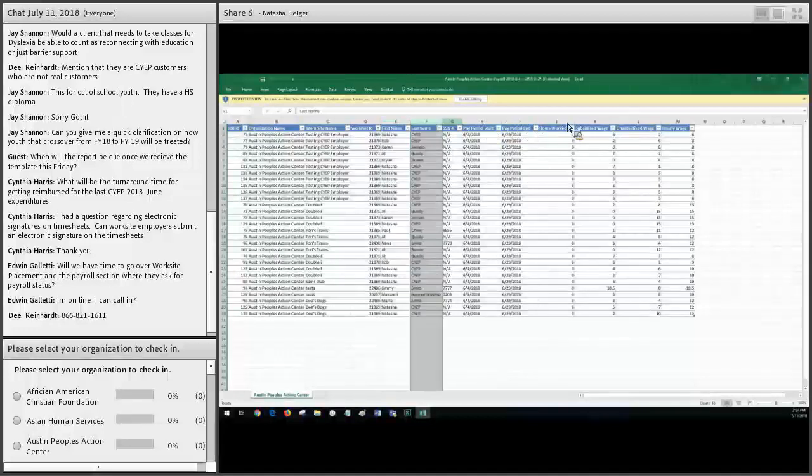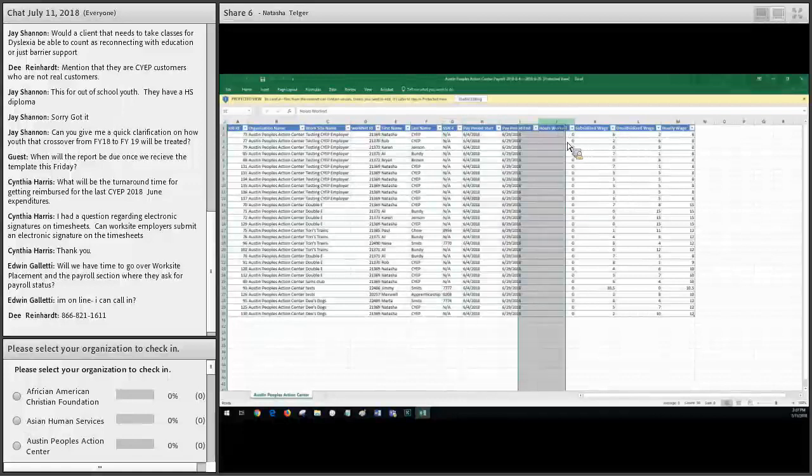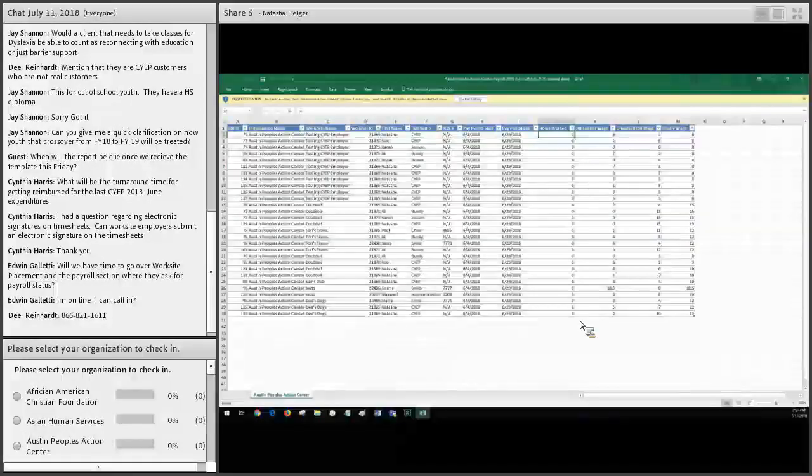You don't have to worry about the WorkNet ID, but you'll have the first name of the person that was added, last name, last four of the SSN if it's there, and the pay period. You can enter in the hours that they worked. It's going to automatically take from the system what the subsidized wage is, so you can see what their subsidized versus unsubsidized and the hourly wage. So you'll have all this information.